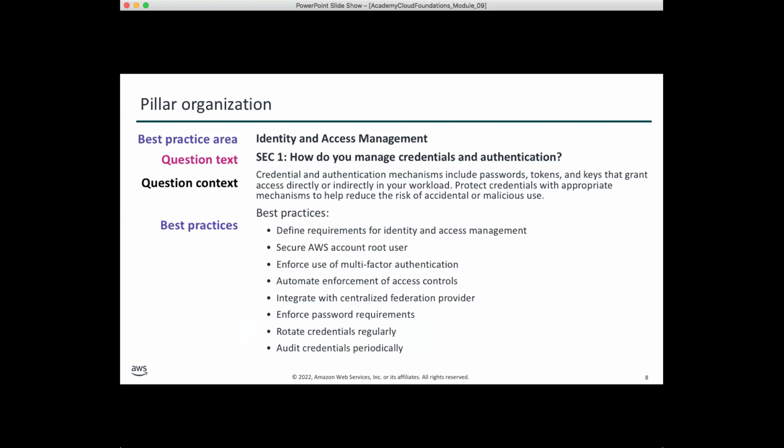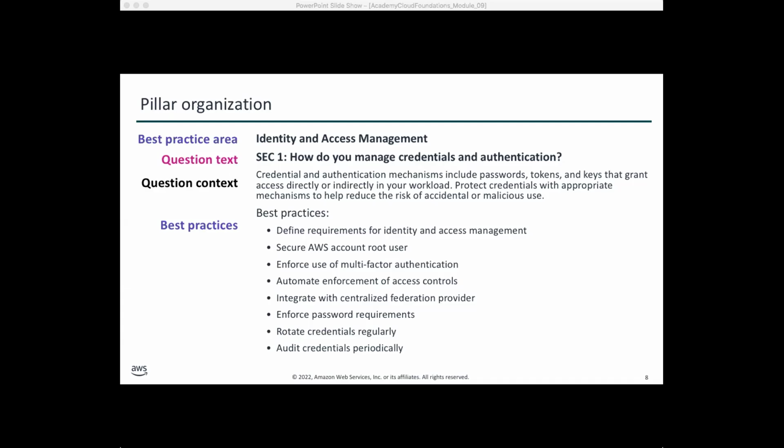In general, the framework's organization is this: it gives us a set of design principles for each of these pillars, and best practice areas. There is an example, as you can see in this slide. So best practice areas and design principles are what the AWS Well-Architected Framework gives us.